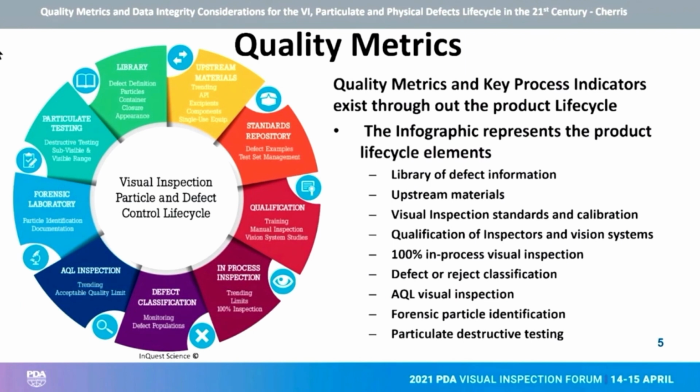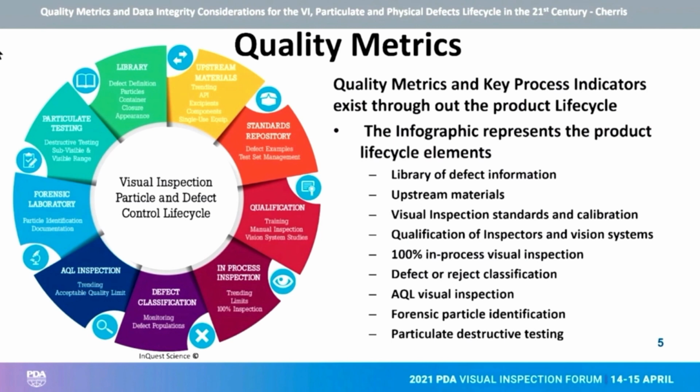This infographic represents the product lifecycle elements of the library, which is a defect informational system, the upstream materials controls, making sure that the upstream materials and APIs come through with controls that are equivalent to the outgoing product quality, visual inspection standards and the calibration of systems and people, qualification of inspectors and vision systems, 100% inspection, visual inspection, and the defect or reject classification of the populations of defects that occur, the AQL, visual inspection process, the forensic particle identification process, and particulate destructive testing.